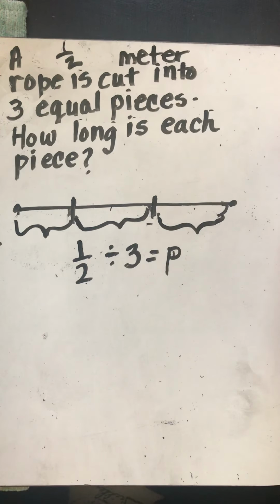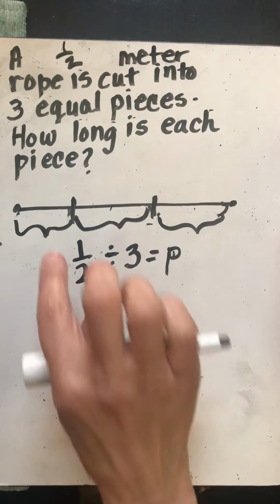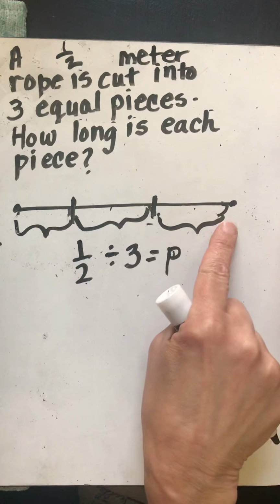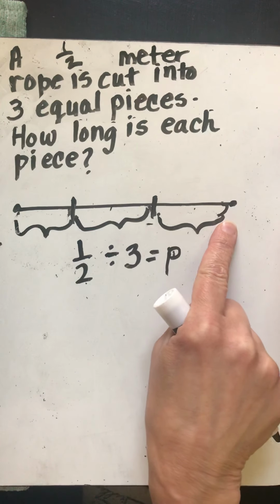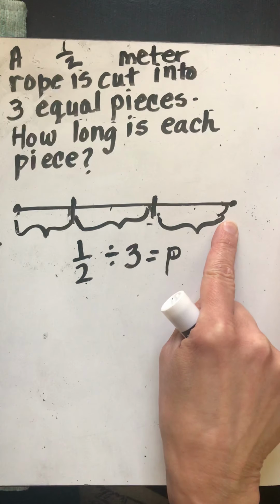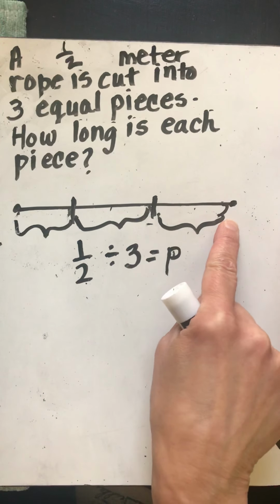Just think. Dividing the rope into 3 parts is like finding 1/3 of the rope, right? I'm going to say that again. Dividing this rope into 3 parts is like finding 1/3 of the rope.